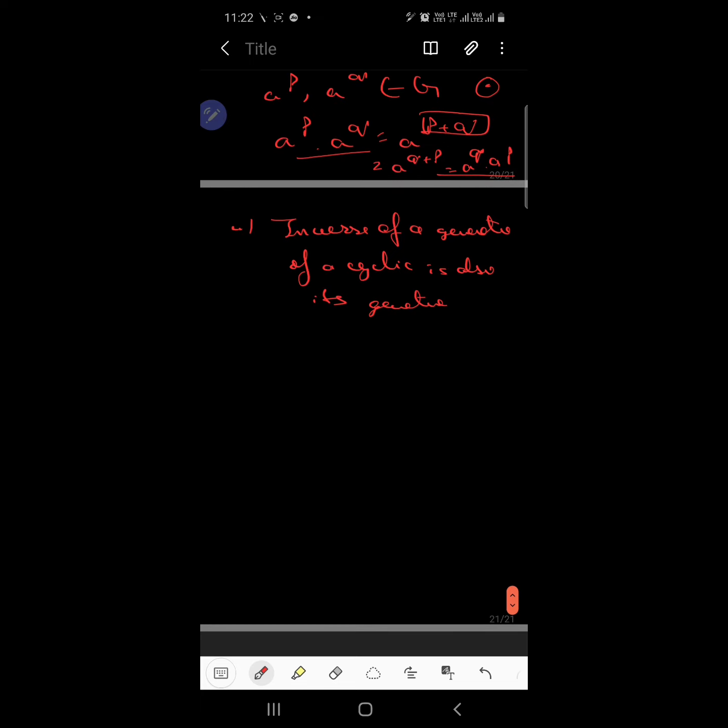The reason is that if G is generated by a, then G also has its generator as a inverse.